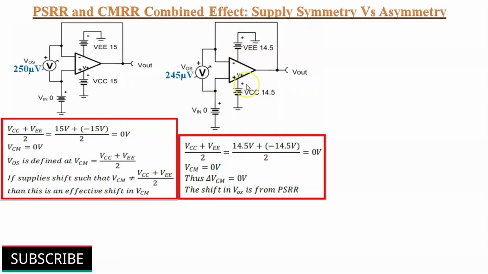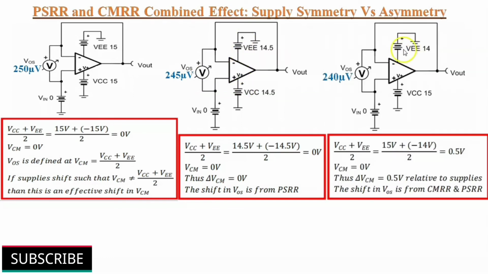In the third case, the negative supply is shifted to 14 volts, but the positive supply is maintained at 15 volts. The average supply voltage is now 0.5 volts and the common mode voltage with respect to ground is still 0 volts. This constitutes a change of 0.5 volts in the common mode voltage, which introduces a common mode error as well as a power supply rejection error.